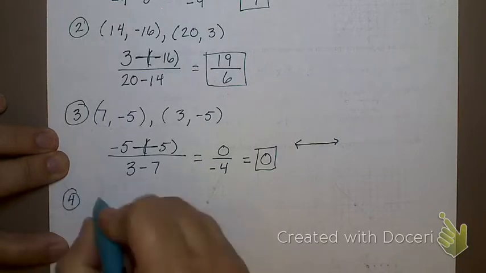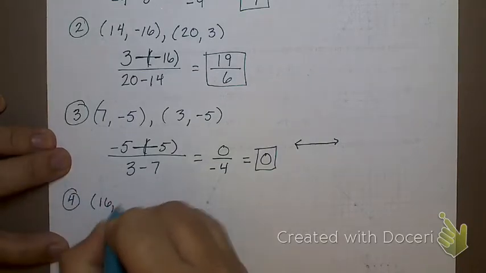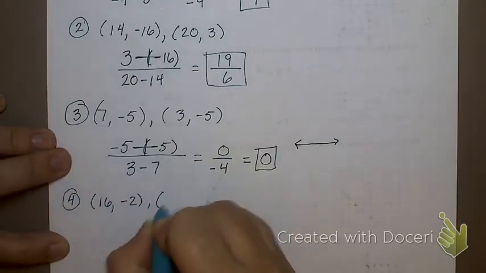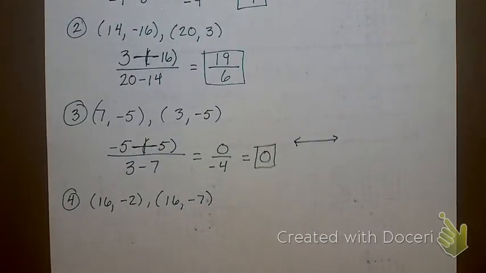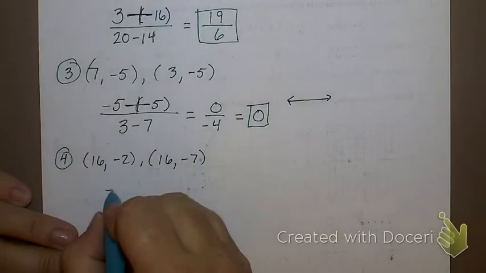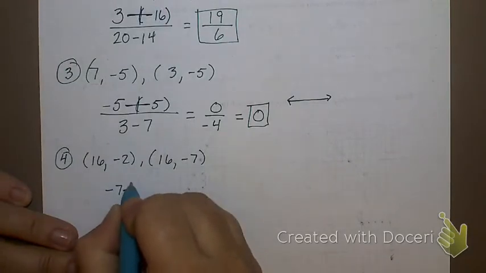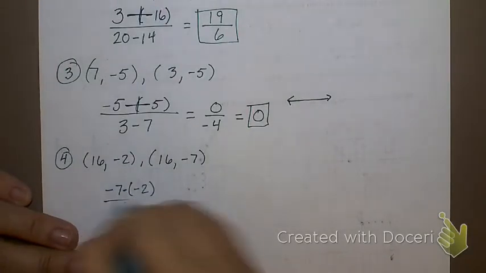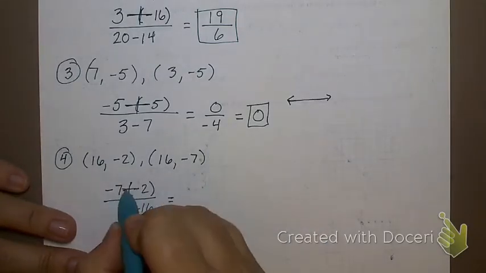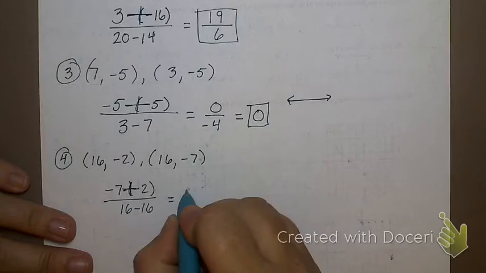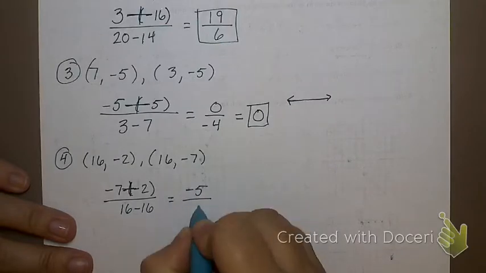And the last one I have for you. What goes on top? -7 minus -2 and 16 minus 16. Well, this becomes a plus. -7 plus 2 is -5 over 0.